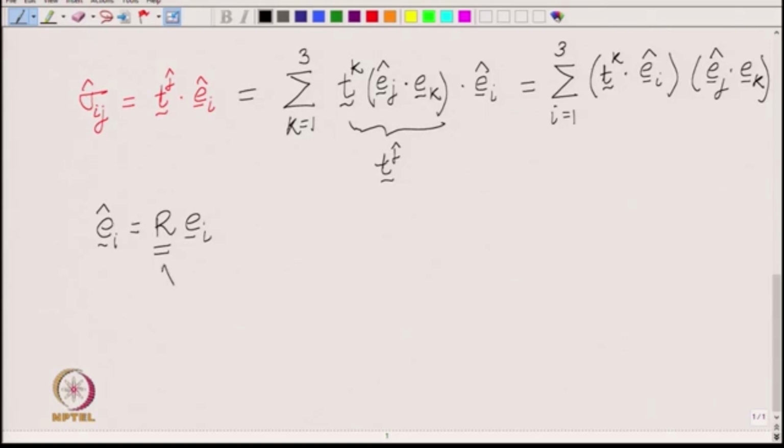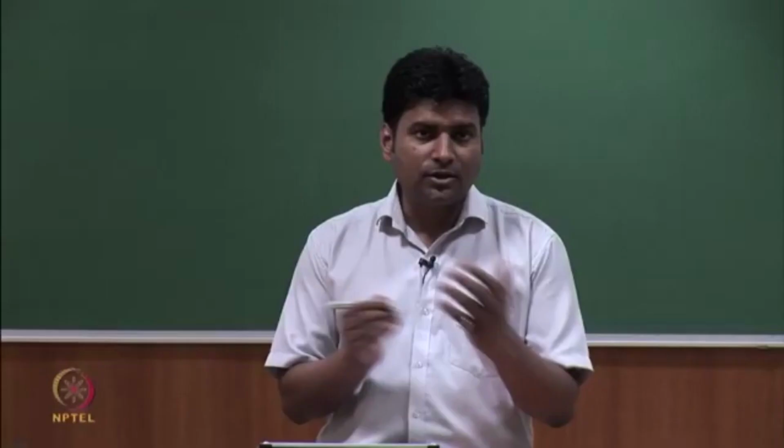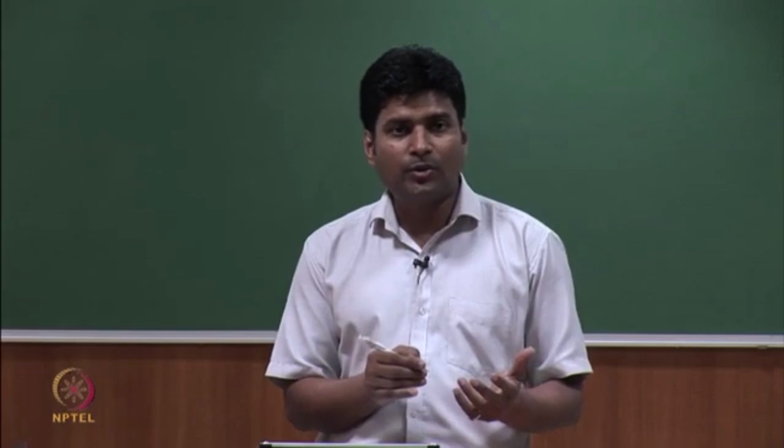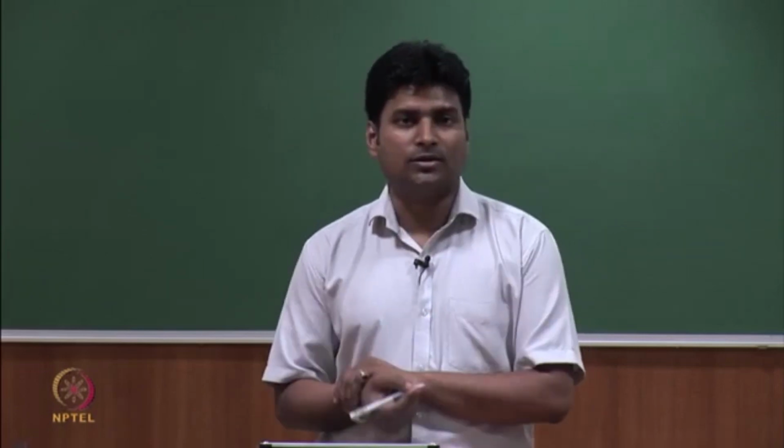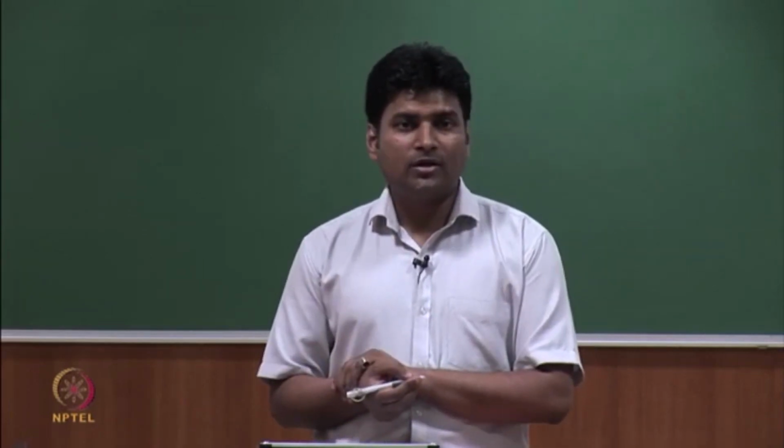So, this R is a rotation tensor. Basically you have to relate one set of bases to the other set of bases, and you can always do it through this rotation tensor, all right.